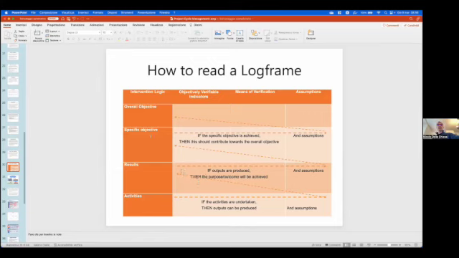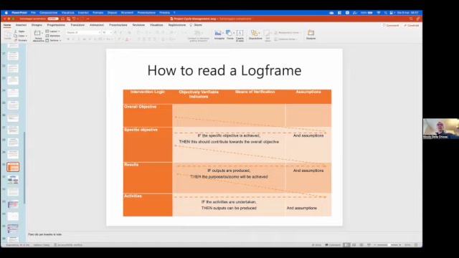Second level, from results to purpose or specific objective, we read it this way. We say, if the outputs or the results are produced and the assumptions are met, then the purpose or outcome or specific objective, they're all different ways of stating the same thing, can be met.